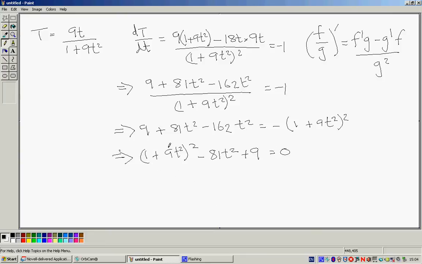First of all, follow the hint given in the question to use the substitution u equals t squared, and then that turns the equation into 1 plus 9u all squared minus 81u plus 9 equals 0.